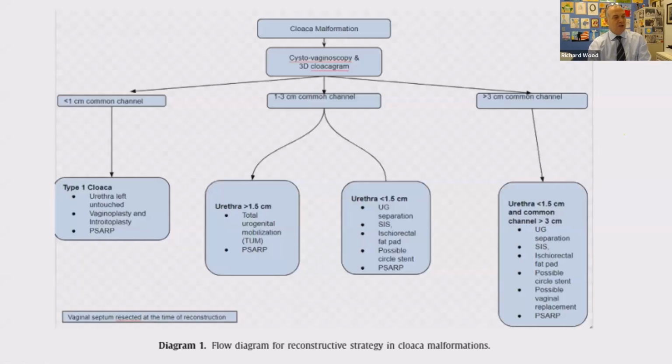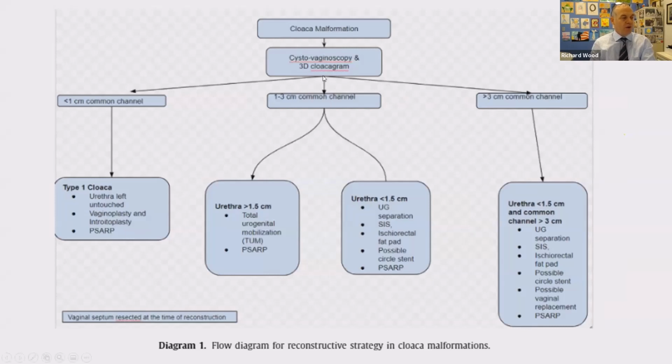Okay, so just to go back, the algorithm states that we do a cystovaginoscopy and a 3D cloacogram. And if you need help with how to do a 3D cloacogram, we can work with Dr. Naeem to get you the protocol.